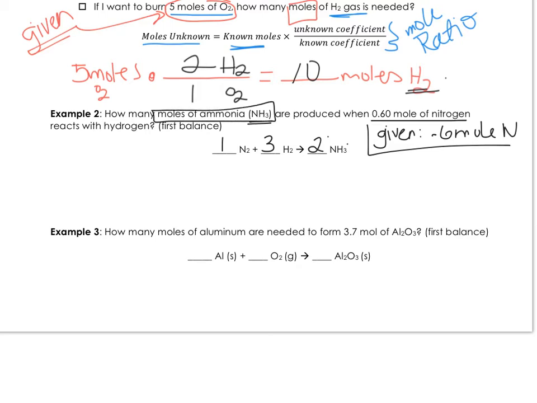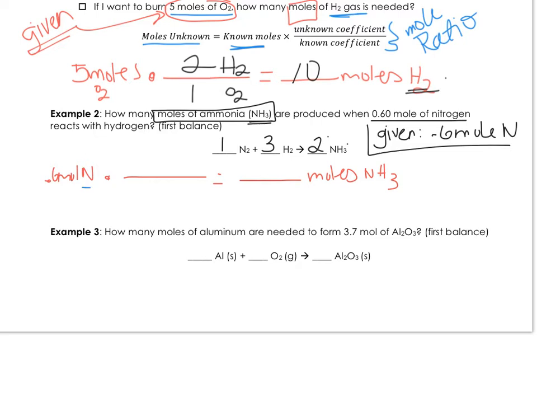So let's set this up. Start with your given, 0.6 moles of N, dot line is equal to some number of moles of NH3.